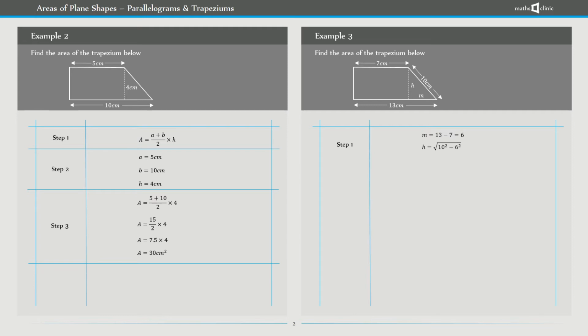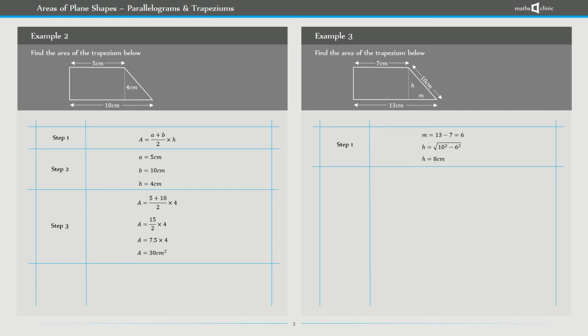And then I can go ahead and say from Pythagoras' theorem that my H equals the square root of 10 squared minus 6 squared. Okay, and what I have in the end, I think that's 100 minus 36, 64, square root of 64, and I think I'd have H equals 8 centimeters.